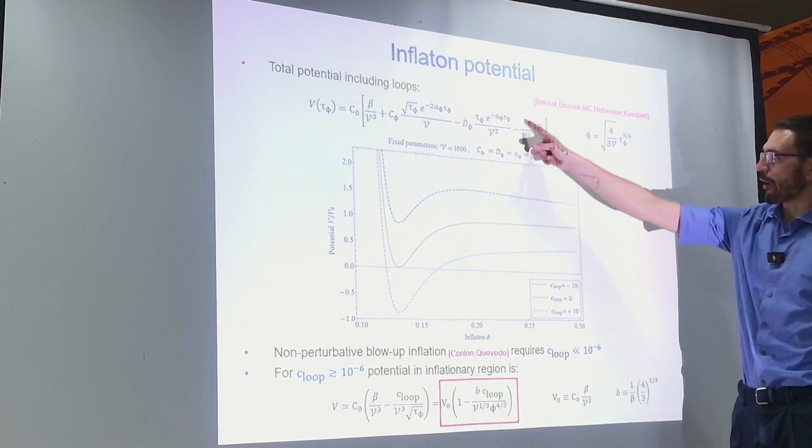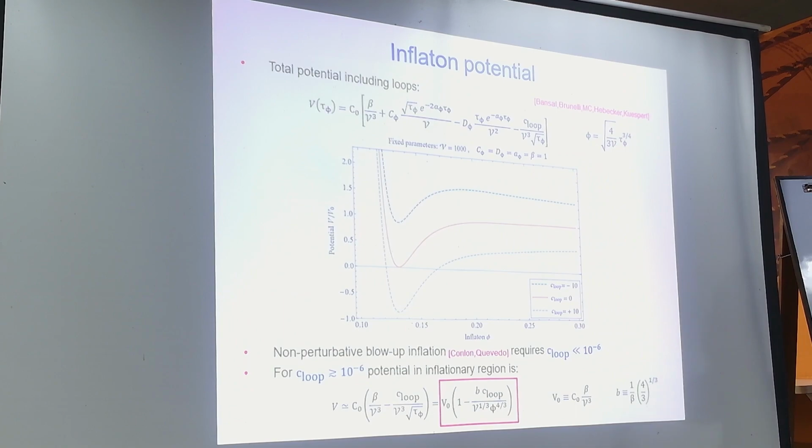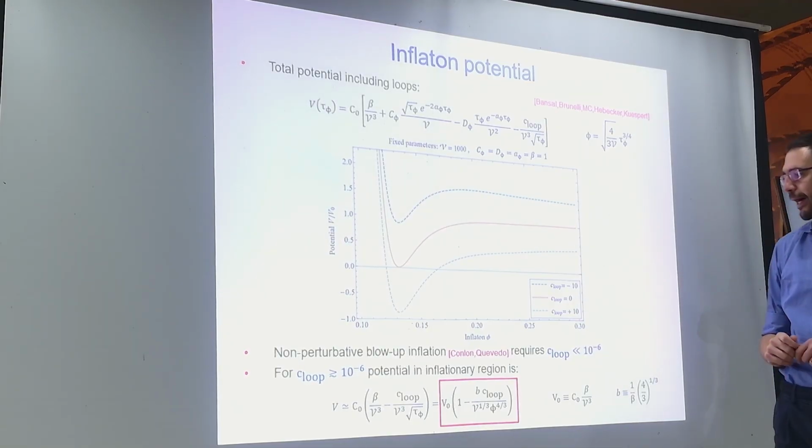And now these are the loop corrections that we wrote down using this conjecture from Berg, Haack and Pajer, coming from explicit toroidal computations, and also using our low energy field theory interpretation. And now basically, this is the form of the potential along tau phi.